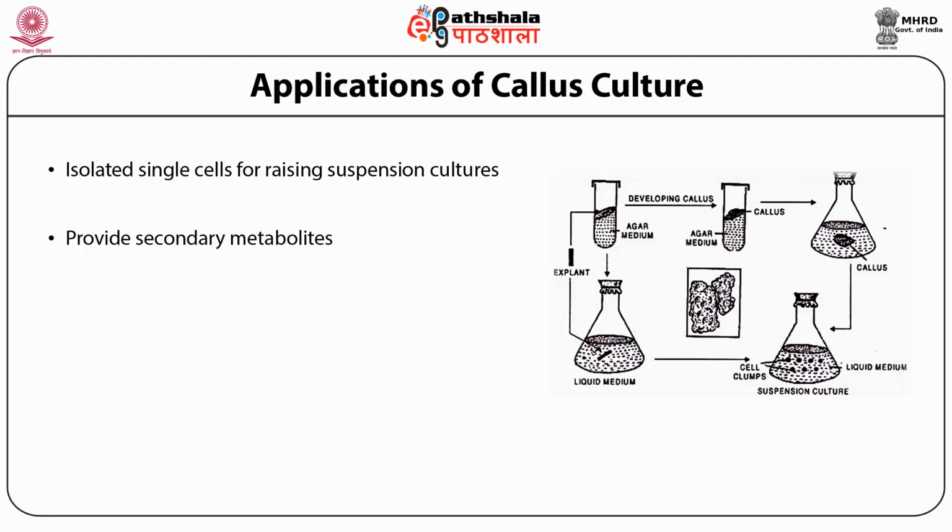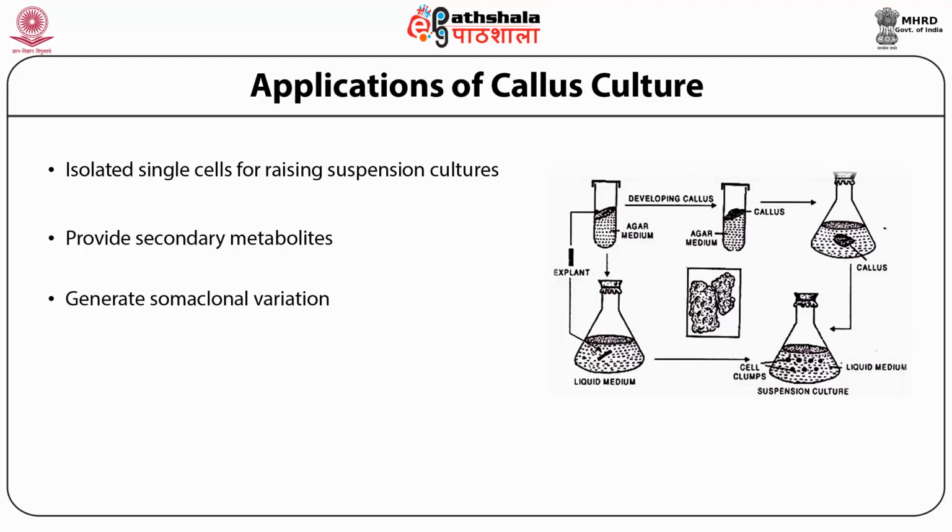Another very good application of this method is to induce somaclonal variation. The plants which are vegetatively propagated, and I'll just give you one example, that is banana, where there is no natural resistance for bacterial infection. So there are possibilities that you induce this variation through suspension cultures.